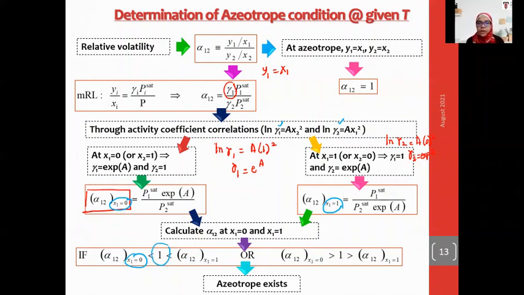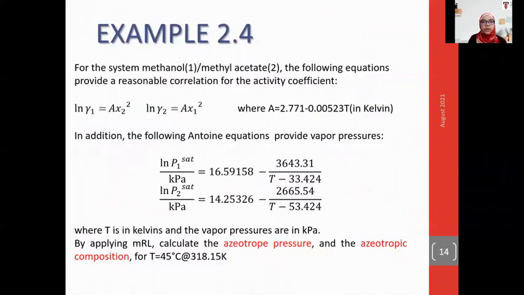Or if alpha for component 1,2 at x1 equal to 0 is higher than 1 and alpha at x1 equal to 1 is lower than 1, that means the azeotrope exists. Okay, to better understand how to determine whether the azeotrope exists or not, we may proceed to the example.